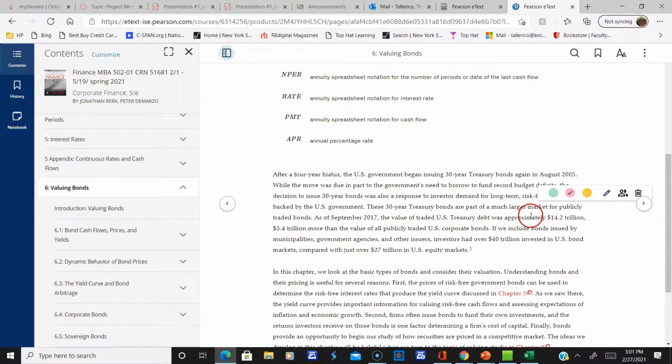Just some history. For a while, the government was actually running a surplus in the early 2000s, which means they didn't have to pay any debt, right? So they stopped issuing 30-year Treasury bonds, and it was a wonderful life for a while.